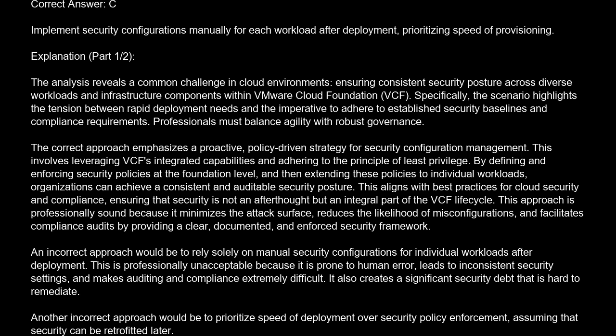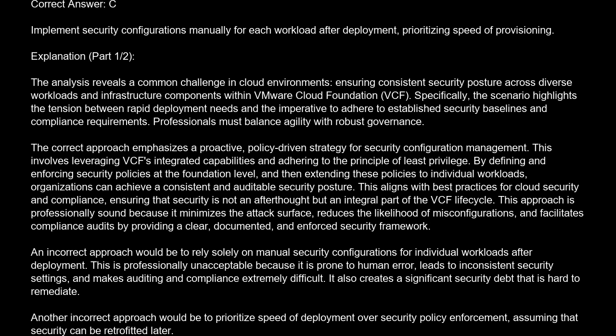This aligns with best practices for cloud security and compliance, ensuring that security is not an afterthought but an integral part of the VCF lifecycle. This approach is professionally sound because it minimizes the attack surface, reduces the likelihood of misconfigurations, and facilitates compliance audits by providing a clear, documented, and enforced security framework.